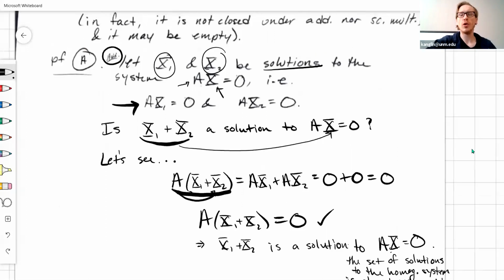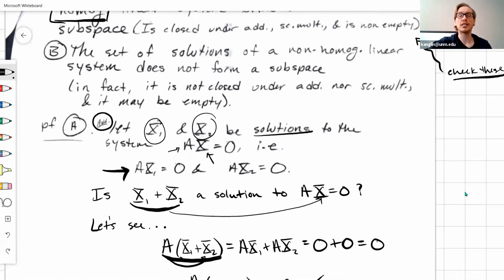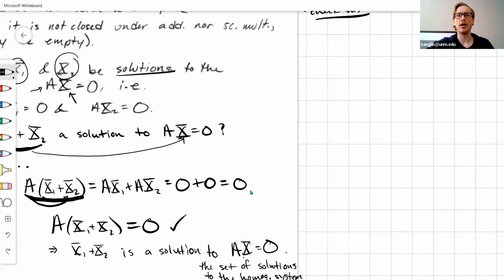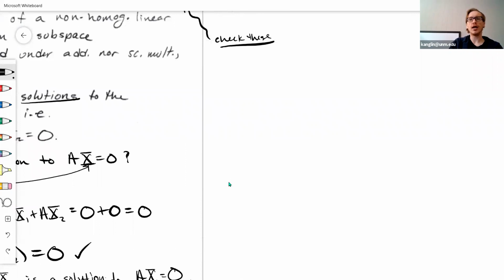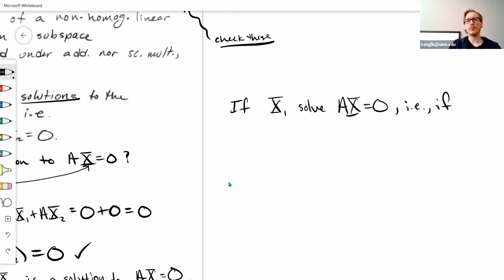Right. I suppose let's check scalar multiplication. Now I'll do this out to the right. I'm going to check scalar multiplication. The idea is now, if x1 solves this equation, then does a scalar multiple also solve it?